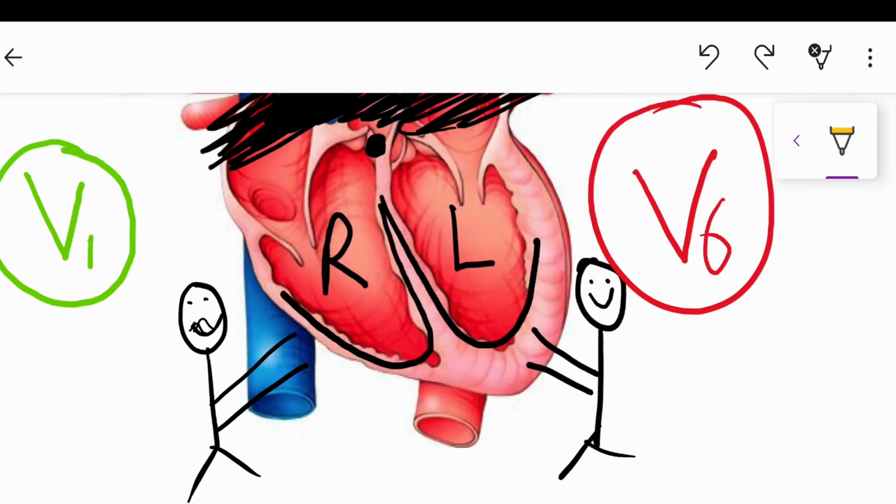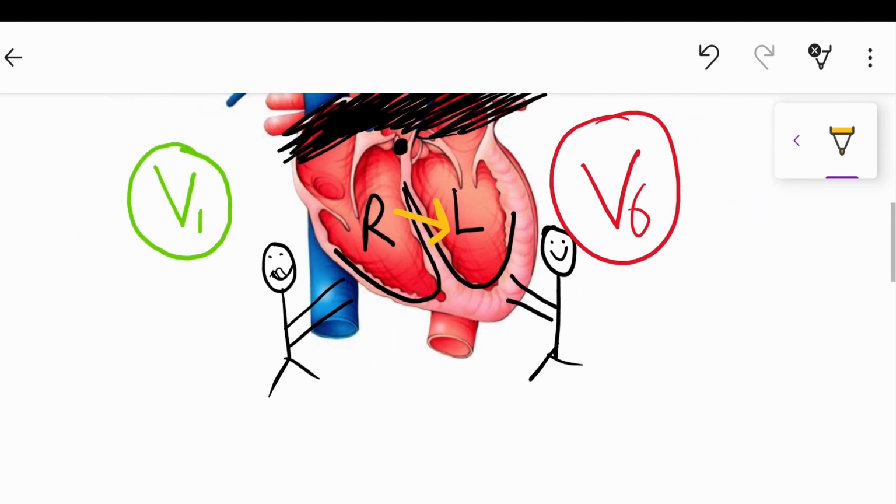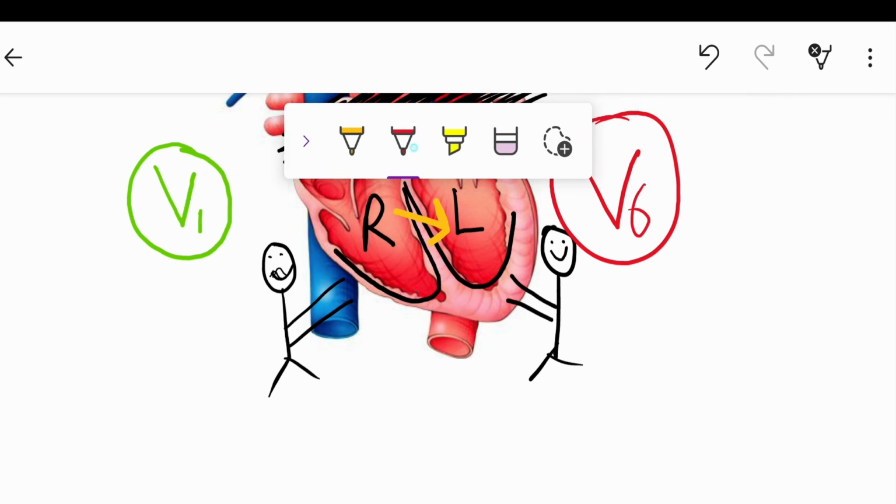What's going to happen now is the septal depolarization is reversed, going from right to left. You just have to learn it. What's that going to mean for our V1? Negative deflection.